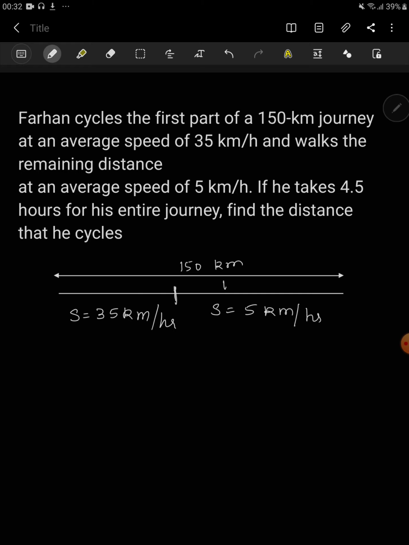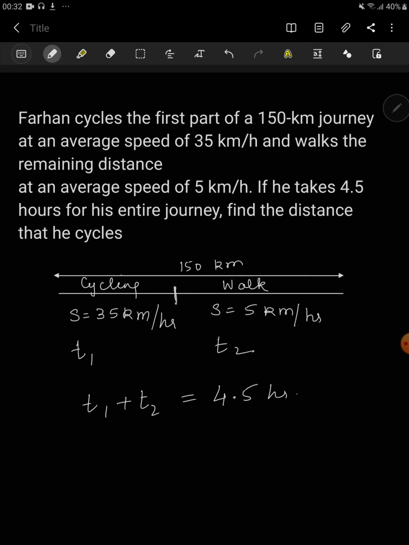So this is walking and this is cycling. Now we know he takes a total of 4.5 hours. Suppose he is taking time t1 here, time t2 here. That means t1 plus t2 is equal to 4.5 hours.